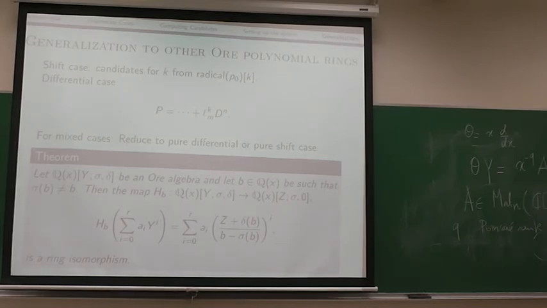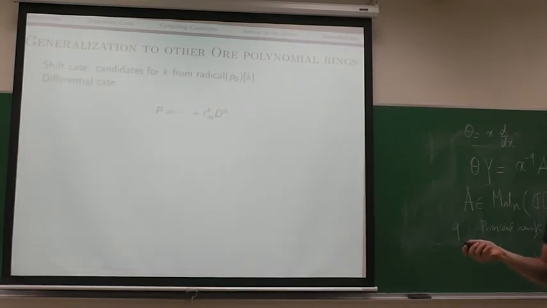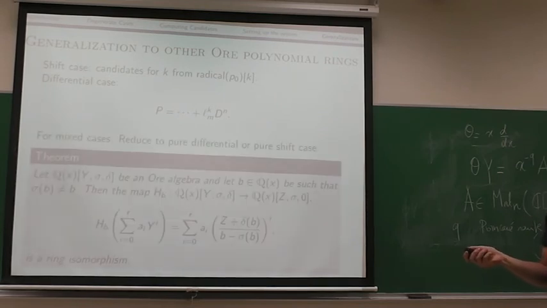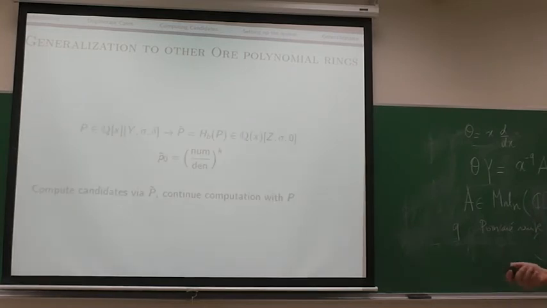You have to pay attention a little bit, because the input should be an Ore polynomial with polynomial coefficients, but the output will have rational function coefficients. But this is not too big of a problem, because the constant coefficient after you apply the map will be of this form: you have the numerator divided by the denominator to some k.